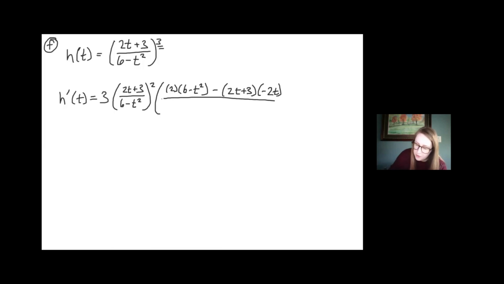All of that over the original denominator, 6 minus t squared, squared.